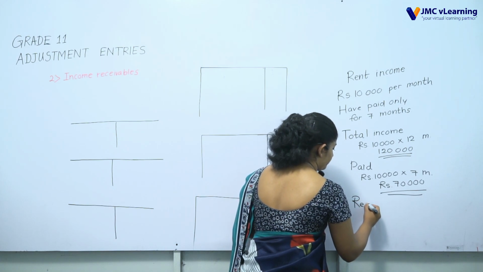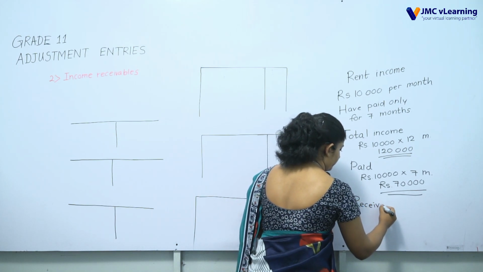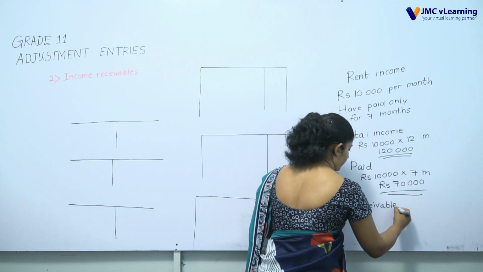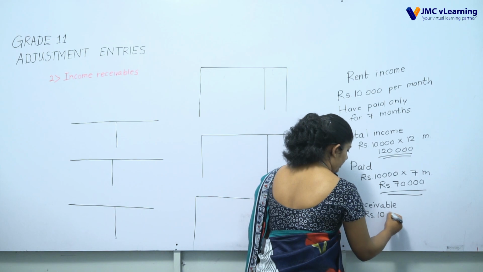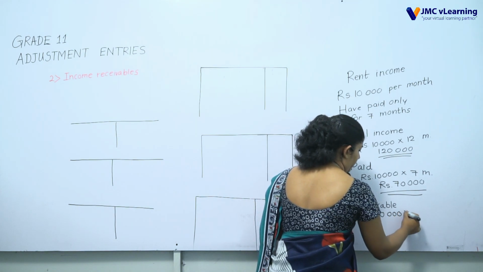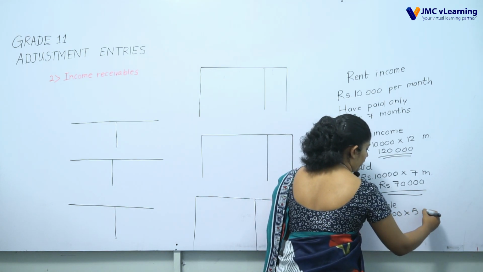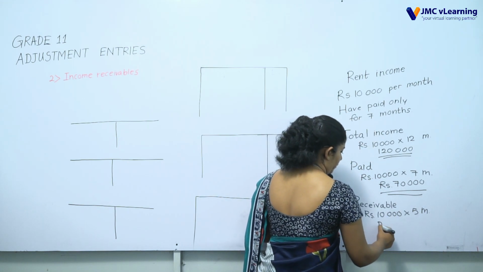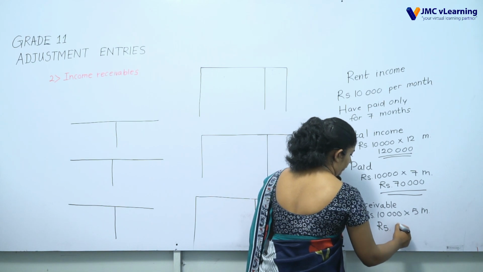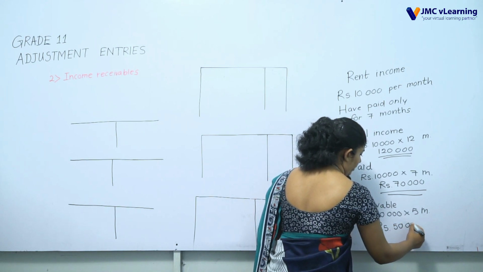Receivable. They have paid for 7 months, so we have to receive for another 5 months. Therefore, 50,000 has to be received.